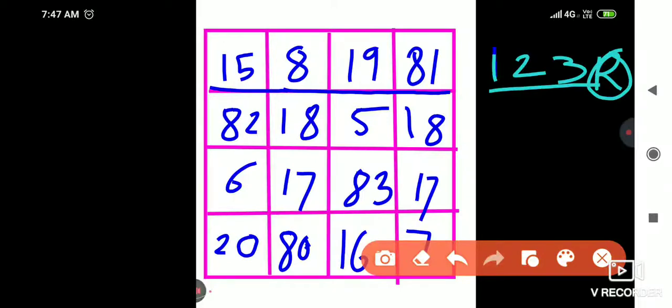100 plus 16 is 116, and 116 plus 7 is 123. In this way, the addition of all the horizontal rows is 123.